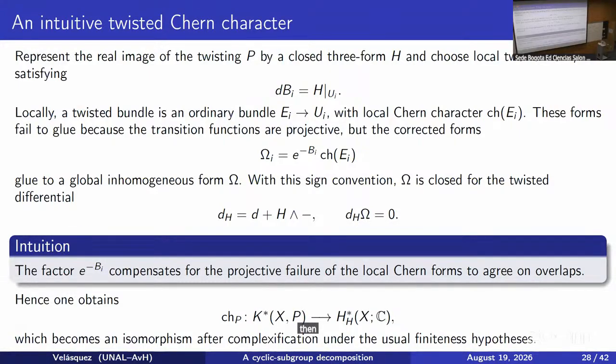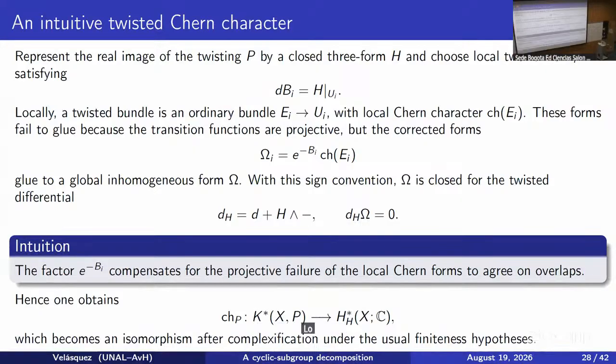Then represent this twisting by a closed three-form, H. Choose local two-forms B_i in such a way that the derivative of B_i is equal to H, restricted to a certain covering.